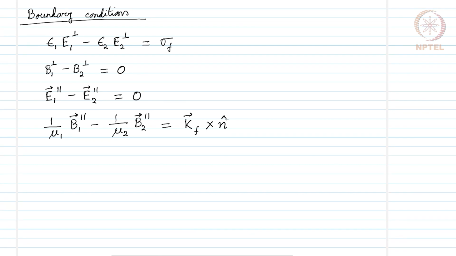So, these are the boundary conditions in the presence of a material, at the interface of two different materials, where at the interface we have some surface charge density and or current density. With this, these are the boundary conditions that we have.